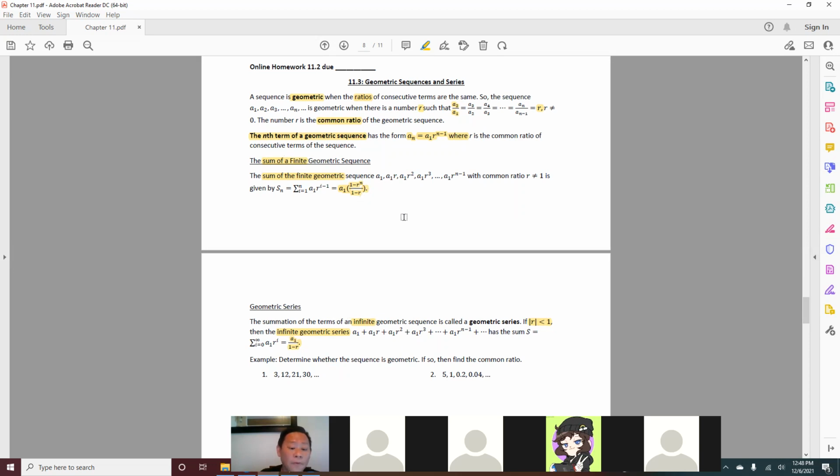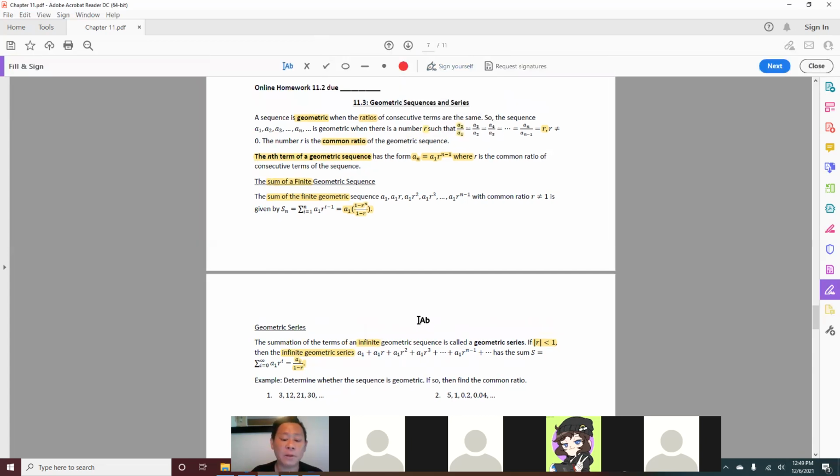Okay. For the infinite geometric sequence, the only thing you need to watch out for is to make sure that the absolute value of r is less than 1. If the absolute value of r is greater than 1, then the sum of the infinite geometric series here will be undefined, DNE.